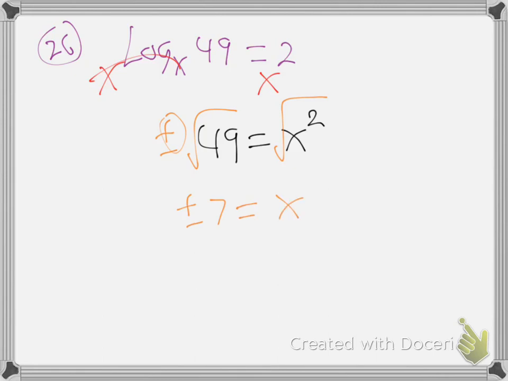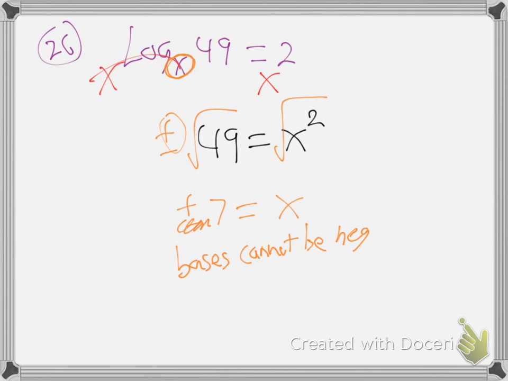But, having said that, see how x was a base? The bases cannot be negative. So really you get rid of the negative, and it's only regular 7. We don't keep the negative. Honestly, I'm not going to test you on that. It's kind of a long story, and I'd be glad to talk to you about it in office hours.